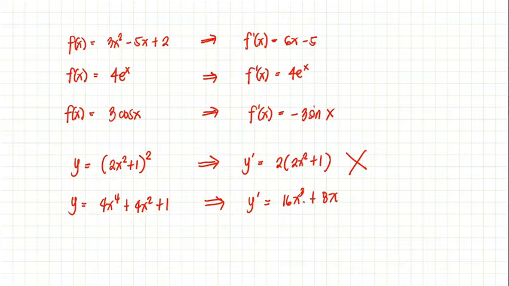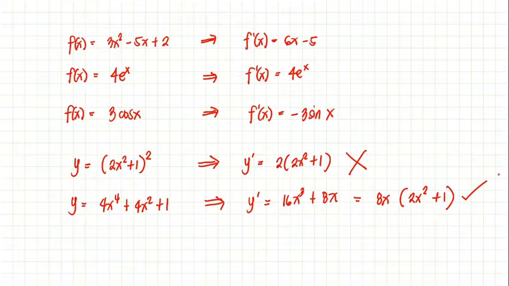So we have 16x cubed plus 8x. And if we are going to factor out 8x, because 8x is common to both terms, we will have 2x squared na lang plus 1. So we have 8x times the quantity 2x squared plus 1. And this answer is correct.